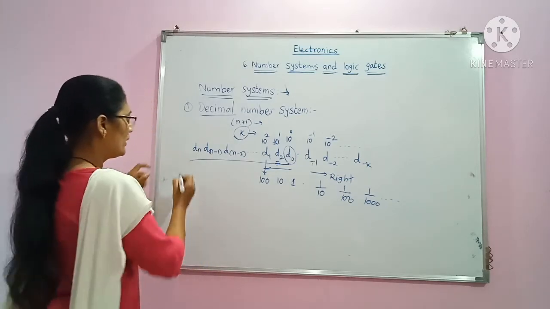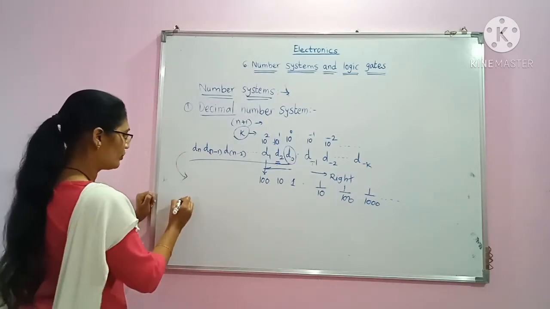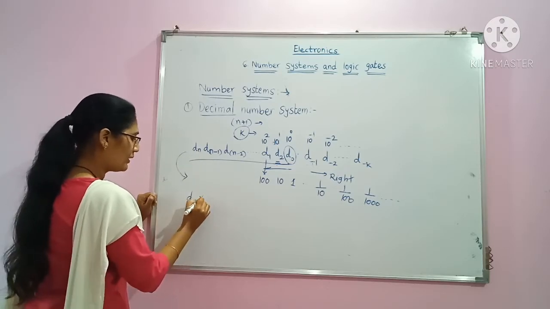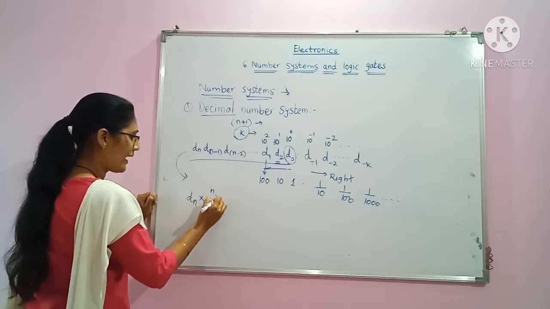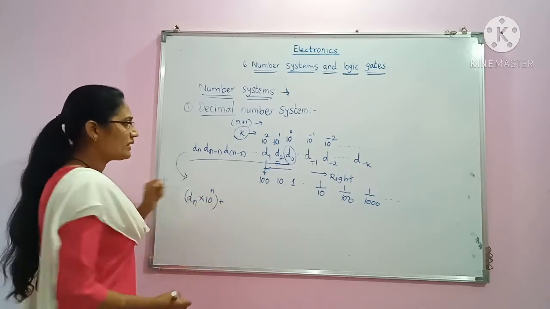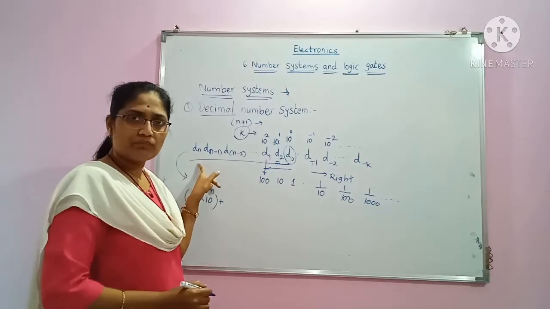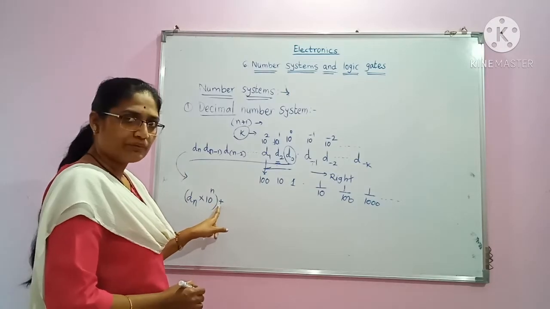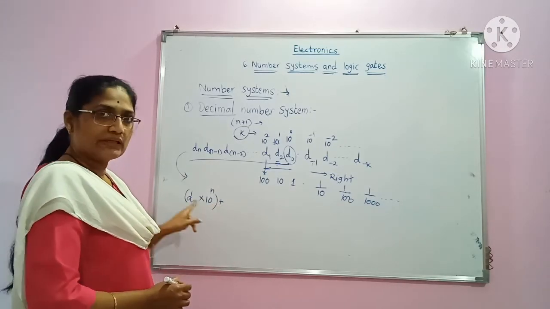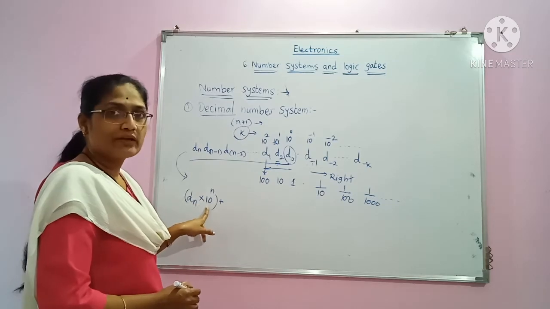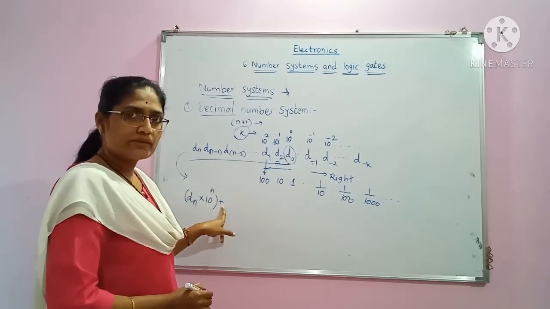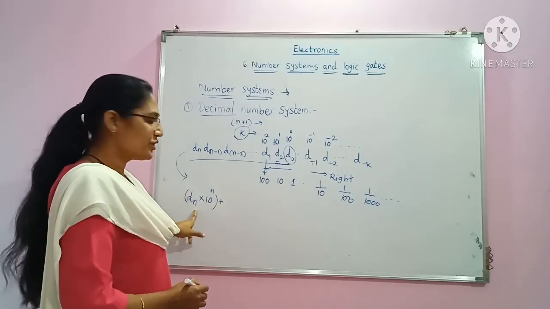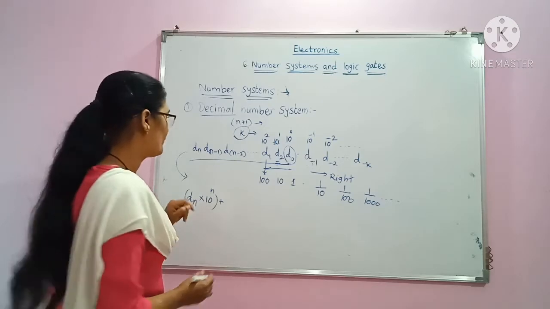So let's find the value. In this case, in order to find its value, I have to multiply with 10 raised to n minus 1. It means that the value of this number is found by the addition of the product of each digit with its weight value.